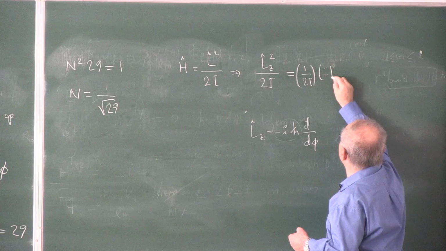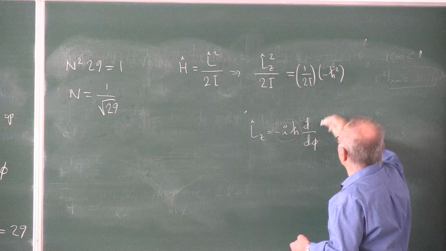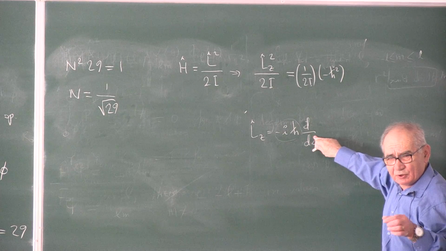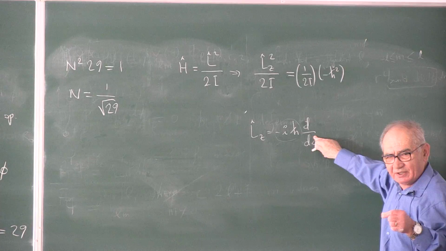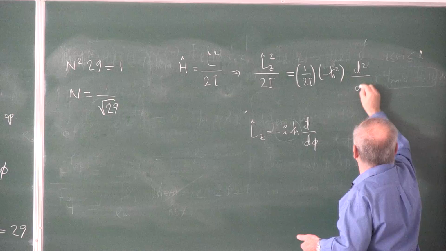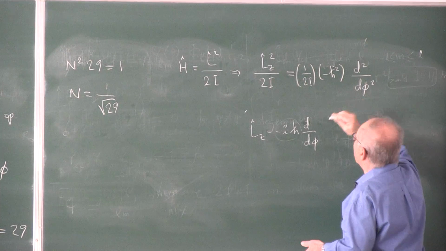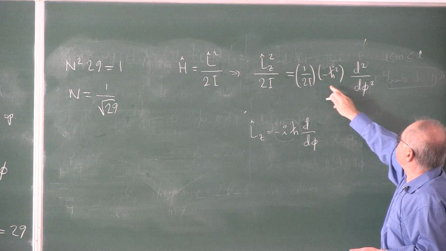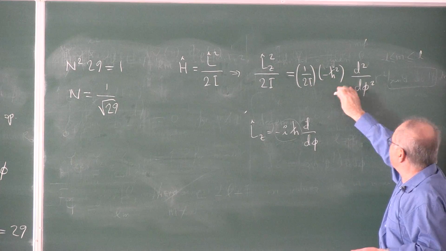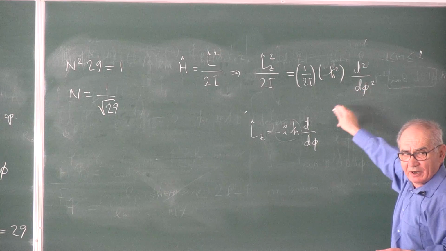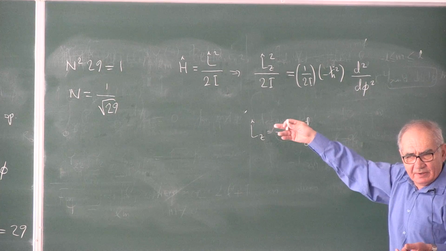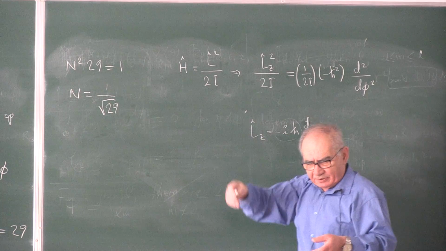So minus h bar square. Square of this operator, this is the first derivative operator. Square of a first derivative operator is second derivative operator. So this is, therefore, minus h bar square divided by 2I times the second derivative with respect to phi is the explicit Hamiltonian for this rotator.